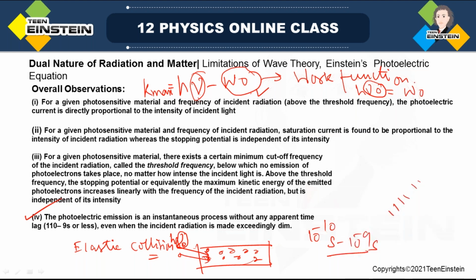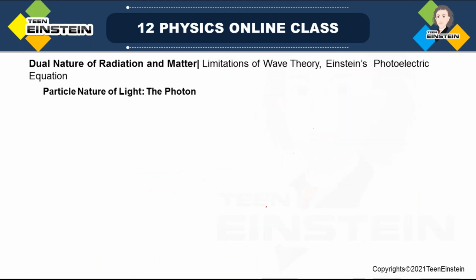So his famous equation on the photoelectric effect is given by K max equals h nu minus W0, where W0 is the work function.